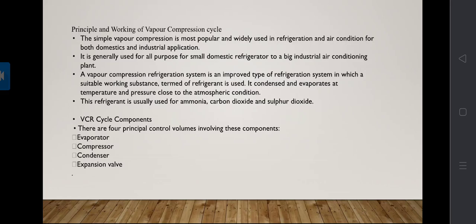So the vapor compression cycle transfers heat in the form of sensible heat as well as latent heat, giving a higher coefficient of performance. The refrigerants generally used are ammonia, carbon dioxide and sulfur dioxide. In a vapor compression cycle, mostly four components are used: evaporator, compressor, condenser and expansion valve.